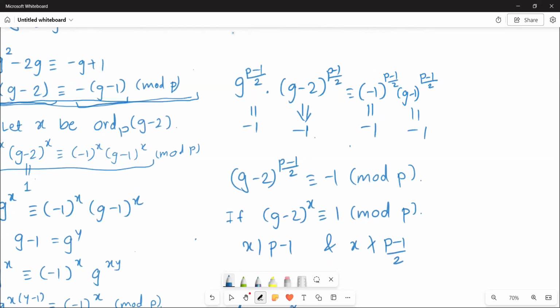Yes. Then if we square both sides, then g minus 2 to the power p minus 1 is congruent to 1 mod p. Oh, that will happen by just Fermat's little theorem, right? Any number to the power p minus 1 is congruent to 1 mod p.